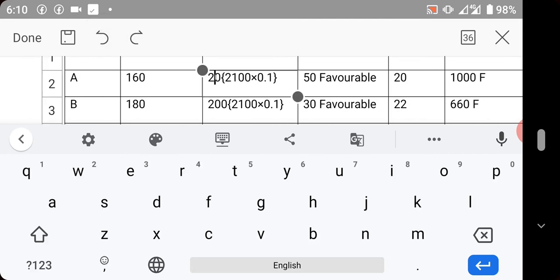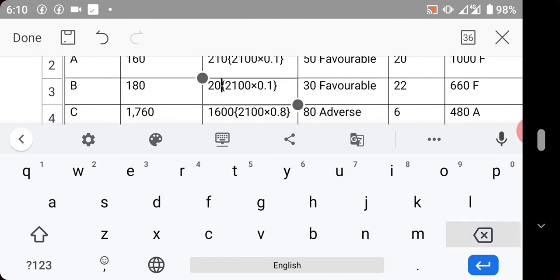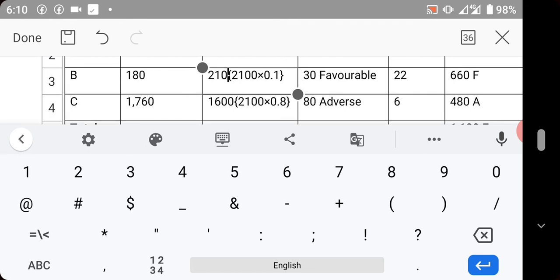To give you 210, will give you 210. Now 8% times this, 8% times this will give you 1680.